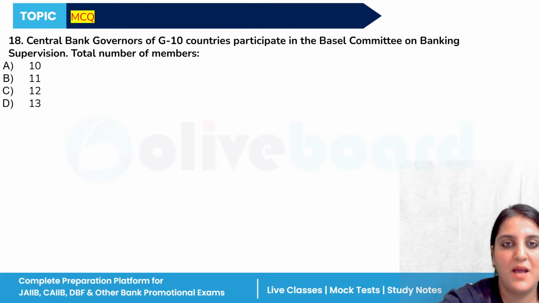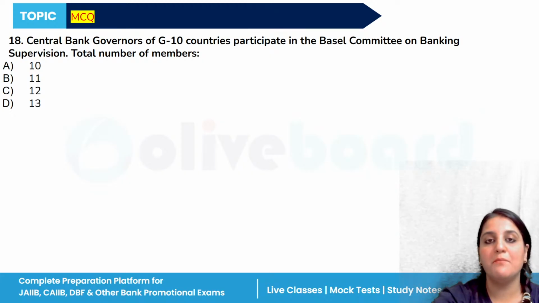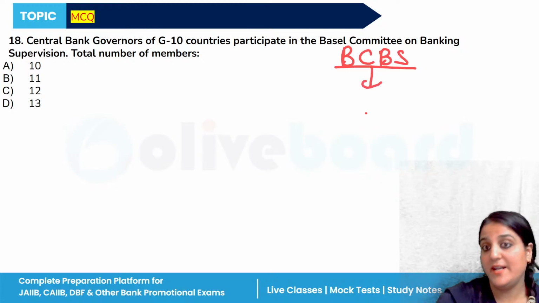Now, central bank governors of G10 countries participating in the Basel Committee on Banking Supervision. So here are the total number of members. What is this BCBS? This is the Basel Committee on Banking Supervision, an international organization.